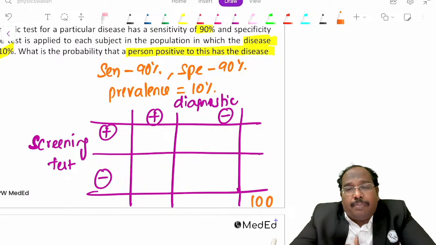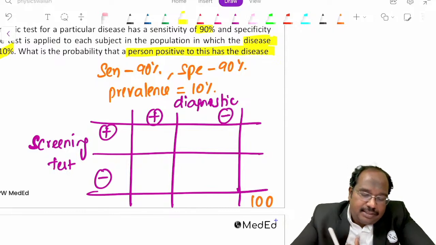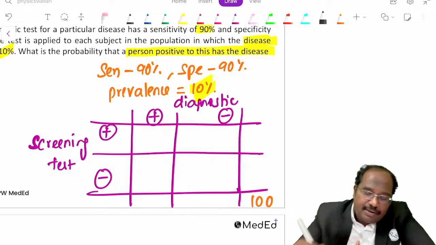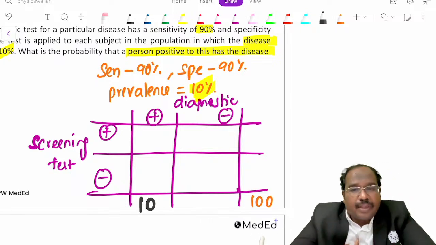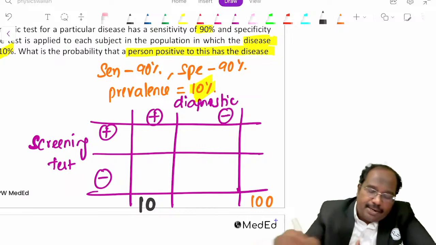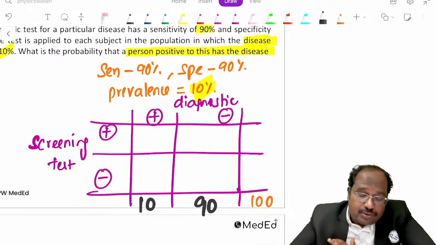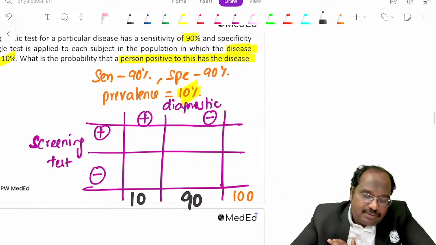So the total population is 100. What is the prevalence of disease? That is 10%. What is 10% of 100? It is 10. So out of 100, 10% disease prevalence we have taken. How much is remaining? 90. This problem can be done another way also, but I feel this will help us understand certain things.